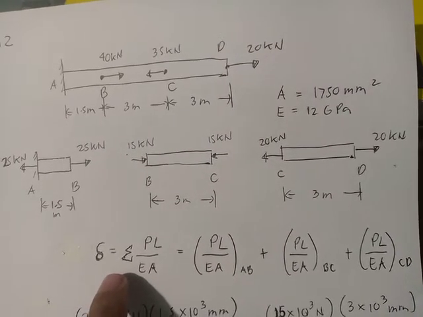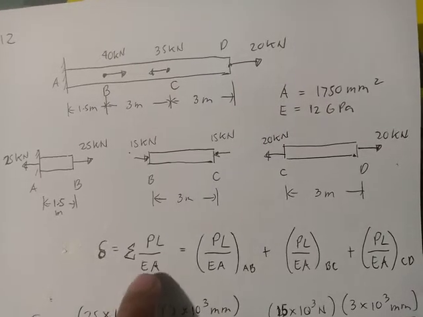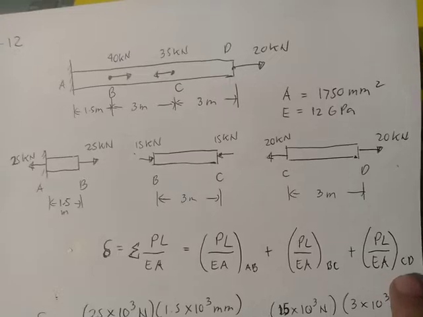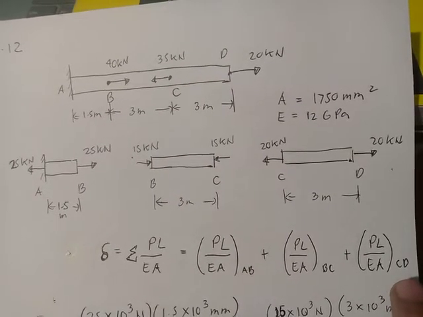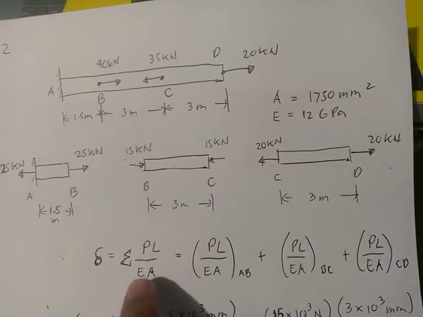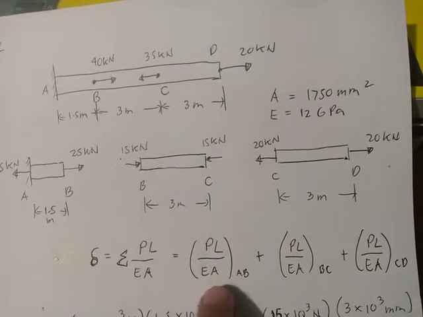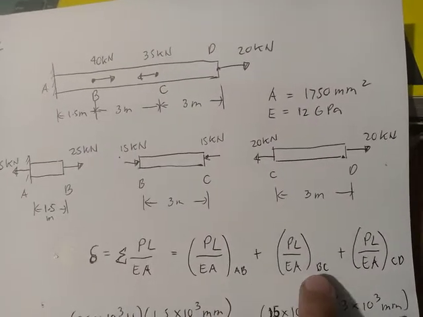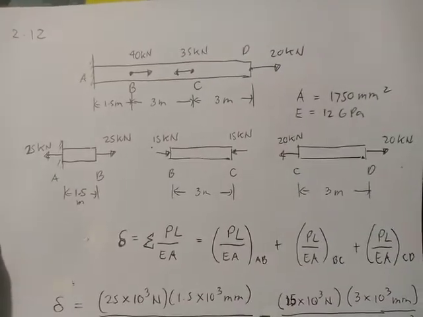The total change in length, or the deformation, is just the summation of all of the deformations of each portion AB, BC, and CD. So it is the summation of PL over EA, the equation for deformation. Here, PL over EA of AB, PL over EA of BC, and PL over EA for CD.